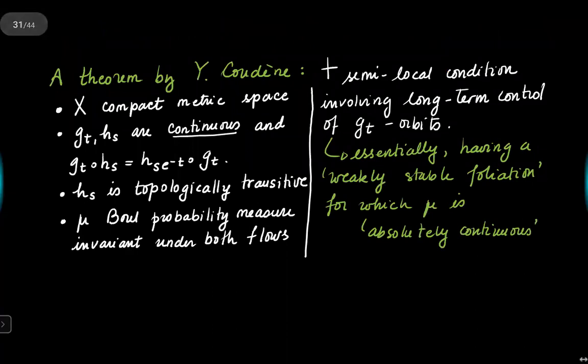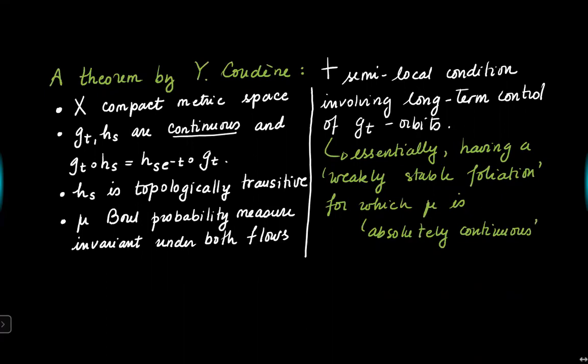And you add a semi-local condition involving the long-term control of the geodesic orbits. So this condition essentially says that you have a weakly stable foliation for which the measure mu is absolutely continuous.